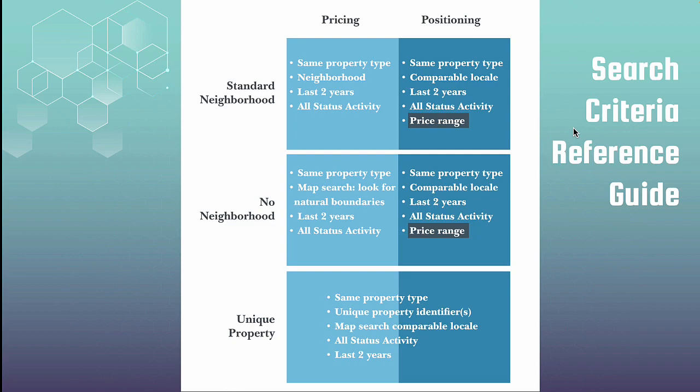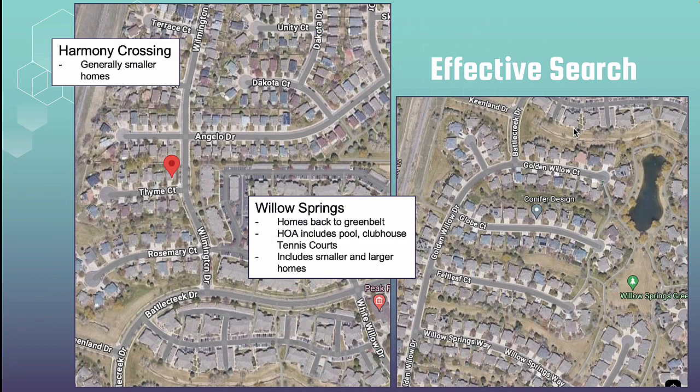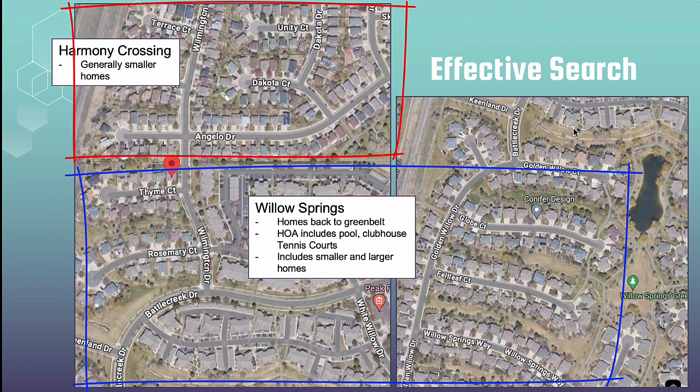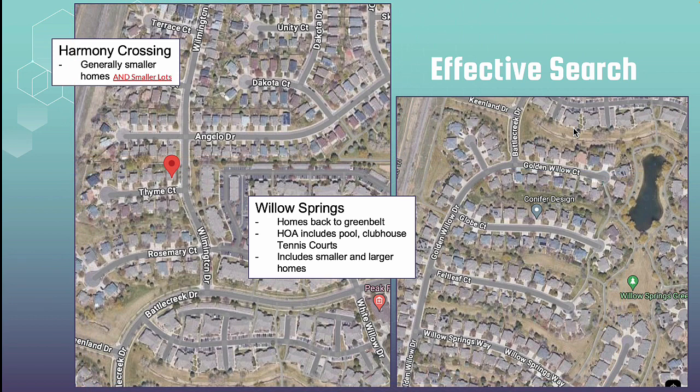Now, for this specific example, I just wanted to show you the differences between these neighborhoods. In this case, it's really obvious, but in some cases, it may not be quite that obvious. And perhaps you can say, if you're a really experienced realtor for this area, you wouldn't include those properties.